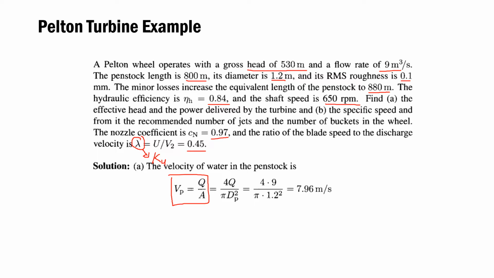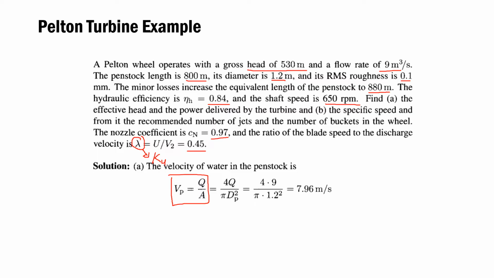The area of the penstock is a circle, so the circular area is equal to pi d squared over 4.